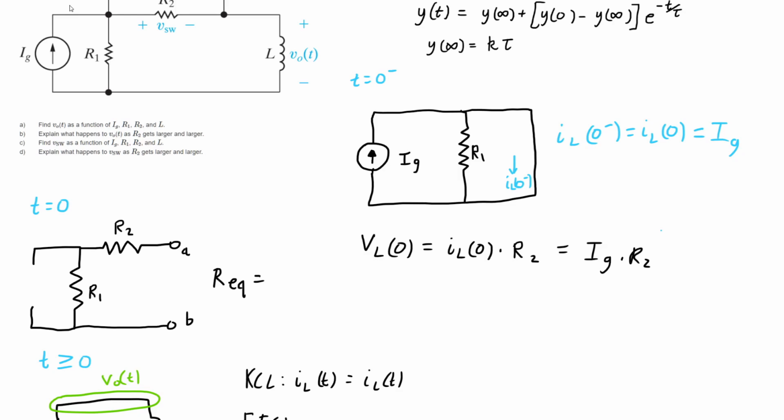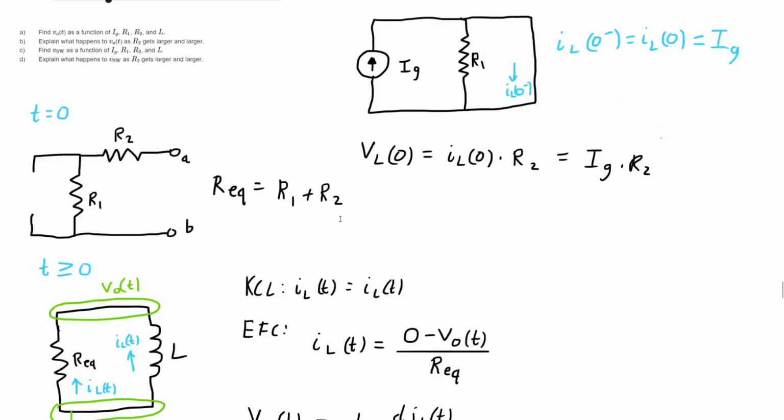We also need to find the time constant of the circuit, so we need to find the equivalent resistance seen by the inductor after time equals 0. These two resistors are in series. This is an open circuit from the current source having infinite internal resistance. So that's going to be REQ.